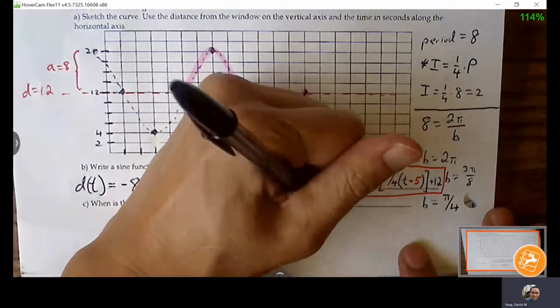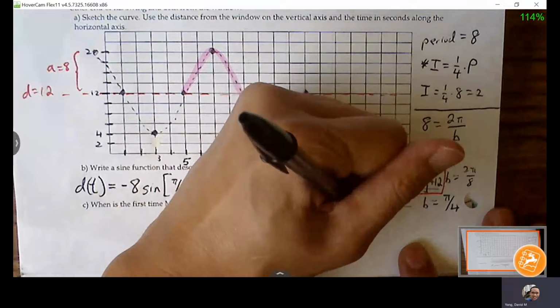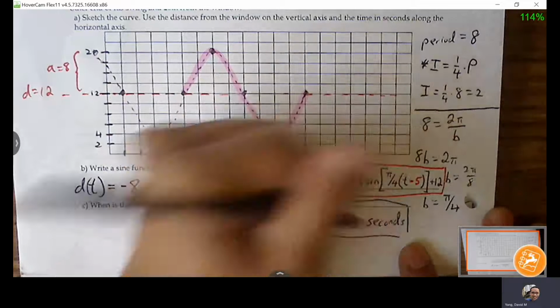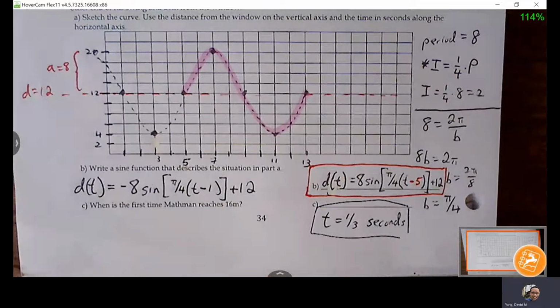So I have t equals 1/3 seconds, but any estimation is fine as long as you're within that range. It's going to be somewhere between 0 and 1. Okay, questions?